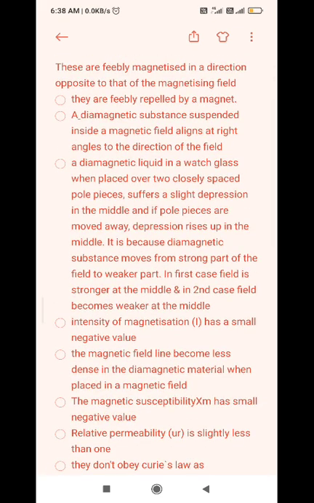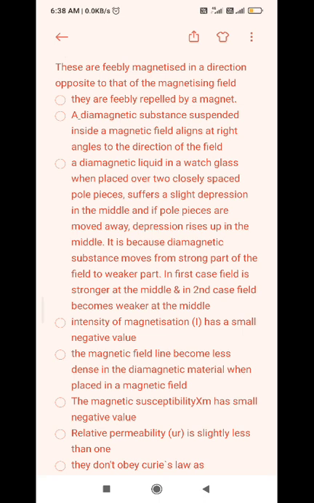In the first case, when pole pieces are very near, the field is strong at the middle, so there is depression. The liquid moves, diamagnet moves away. And in the second case, the field becomes weaker, hence there is a hump, or a rise at the middle.